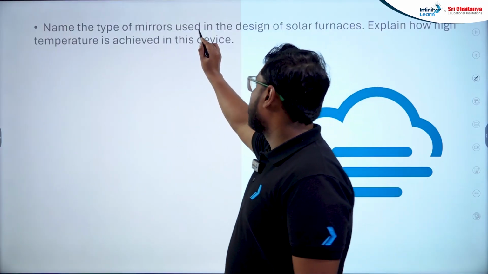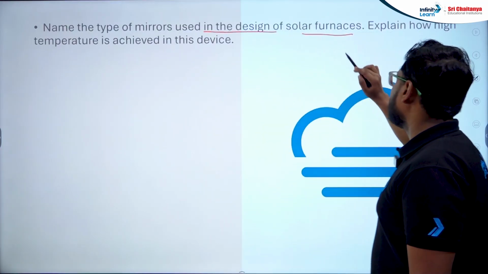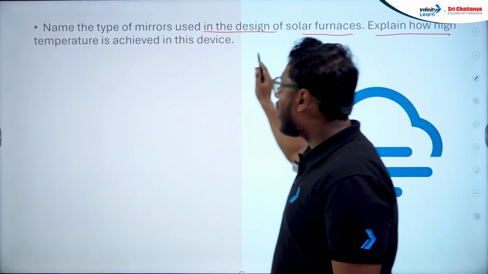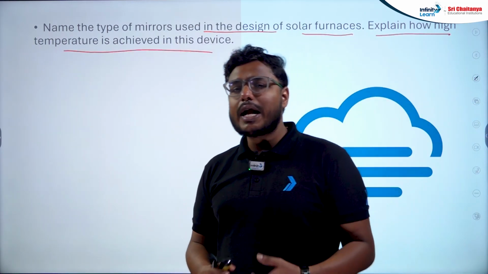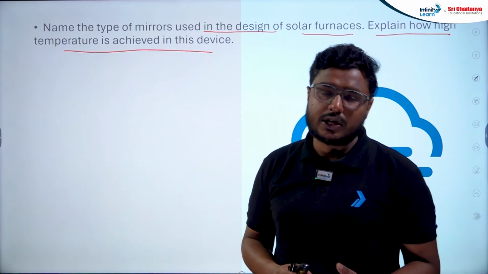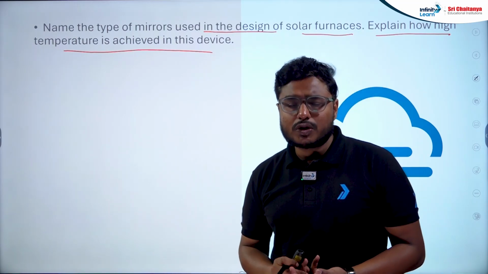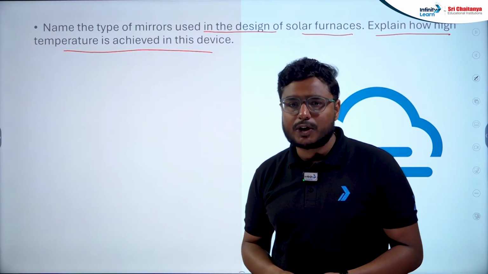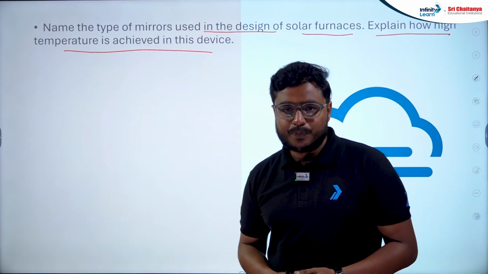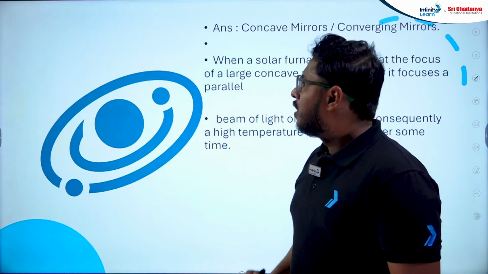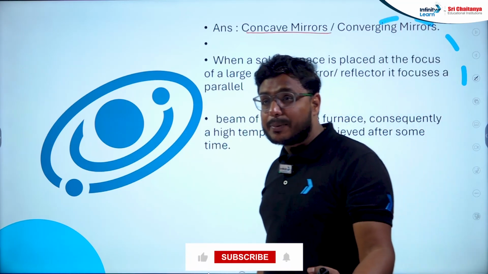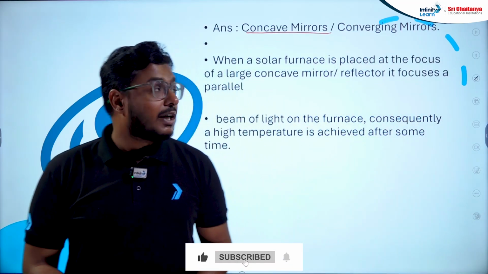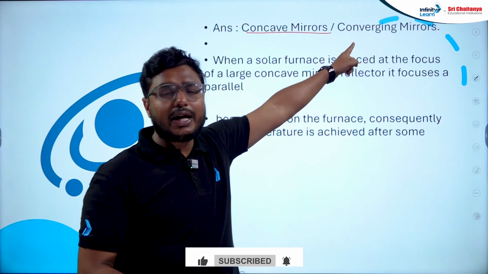Name the type of mirrors used in the design of solar furnaces. Explain how high temperature is achieved in these devices. Solar furnaces definitely require a high temperature, so how are we going to achieve that high temperature in such devices? Let's discuss it. First of all, the answer here is concave mirror, and it depends on the property that a concave mirror is converging in nature.